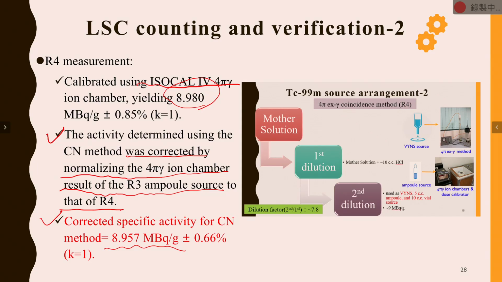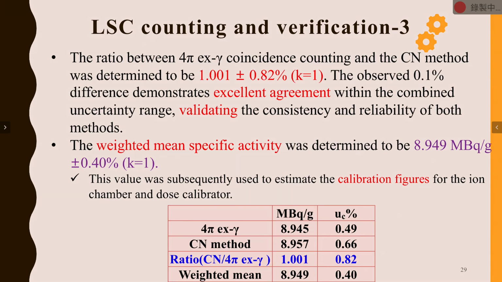And this is the final result for the CM method, and this is the specific activity. The measurement result obtained from the 4πeS gamma method was compared and validated against the CM method. We can see the ratio between 4πeS gamma and the CM method is 1.001, and the difference demonstrates excellent agreement within the combined uncertainty range.